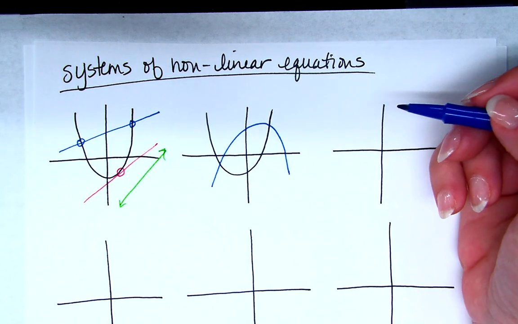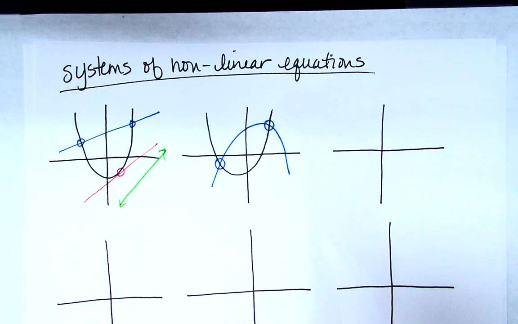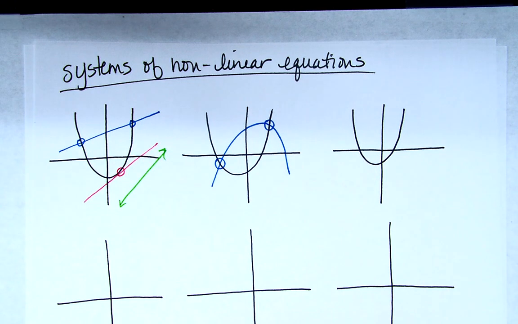How many solutions is that? Two, because why? They cross right there and right there, right? So how many other types of solutions could I have? If I have a parabola here, what else could I have? Could I get one solution? How?